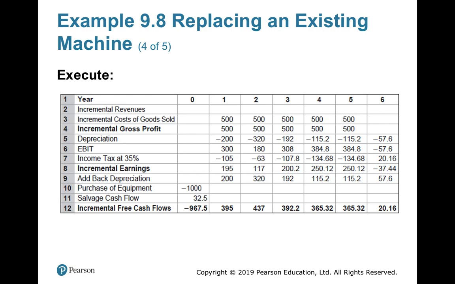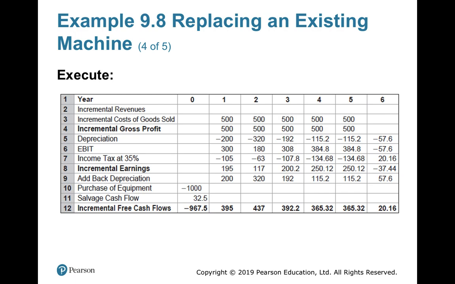Incremental earning. Now add back the depreciation. To make the free cash flow, 3 main items are there. One is add back depreciation. Second is deduct the capital expenditure. Third is additional net working capital or change in the net working capital. Fourth, fifth, any externalities that happened.